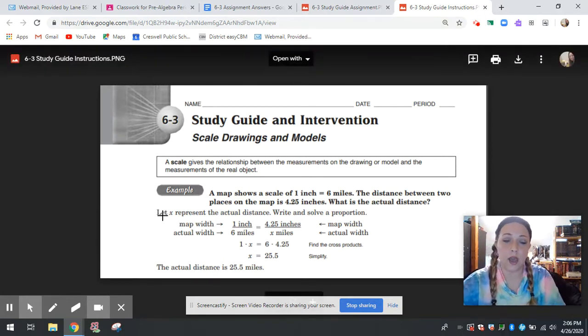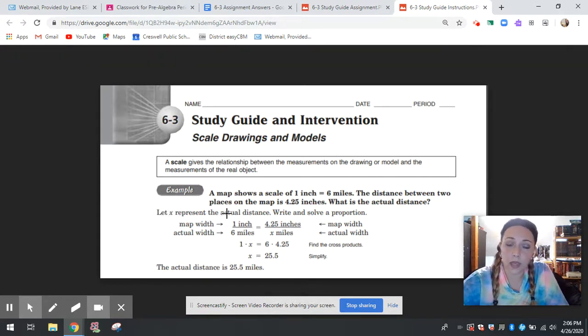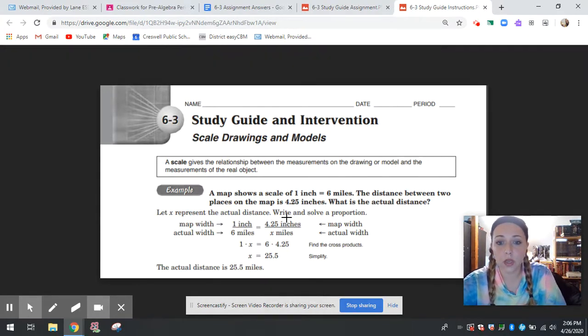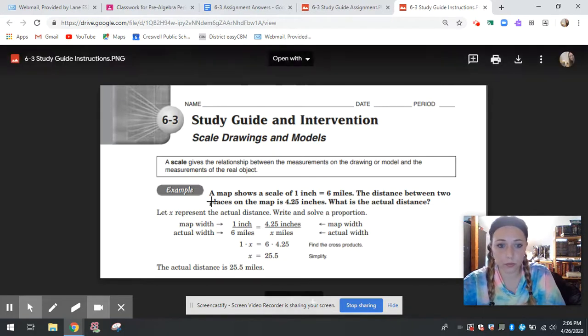It says let x represent the actual distance, because that's what we don't know. We know the scale factor, we know the map's distance, but we don't know the actual distance. So that's what we need to make a variable for, and then write and solve the problem.